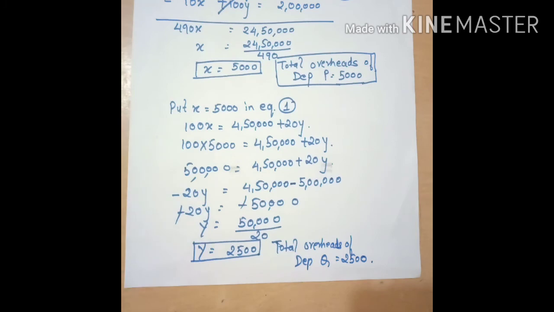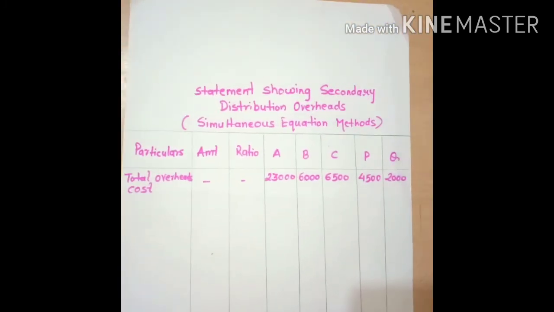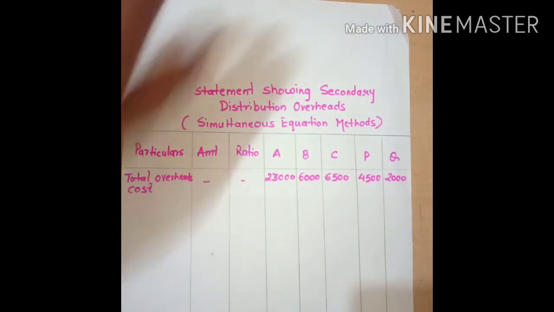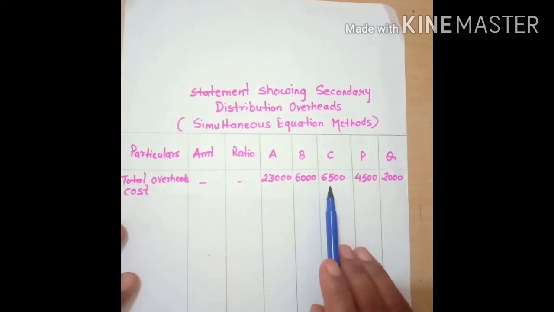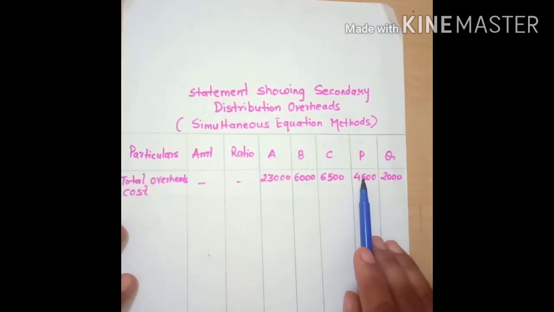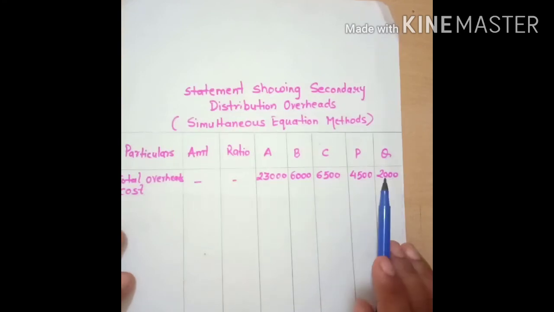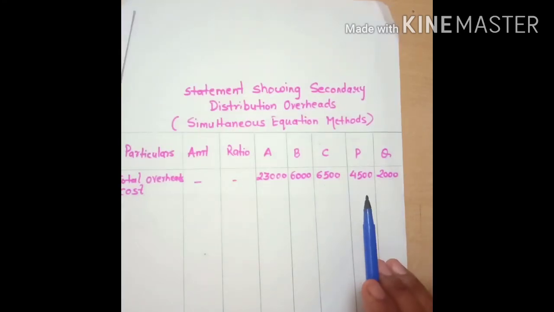Now we move on to the further calculation. In the same way, we have to prepare a statement showing secondary distribution of overheads. So the total overhead costs are 23,000, 6,000, 6,500, 4,500, 2,000, which are already given in your example. So what are we going to write?